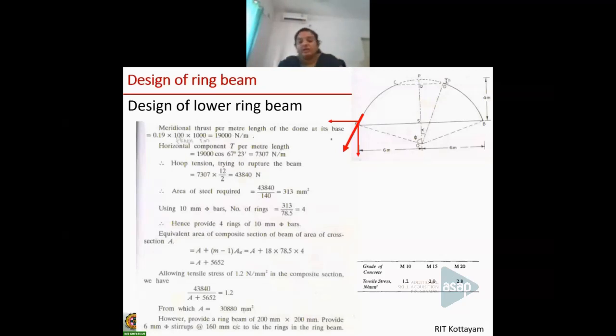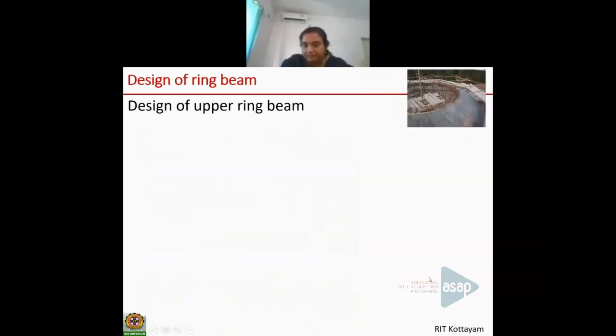And there you provide a minimum stirrup reinforcement of 6 mm at 300. Now a 6 mm is rarely available, so you can specify 8 mm stirrups at 150 or even 230 millimeters center to center as the stirrup. So that is the design of lower ring beam.